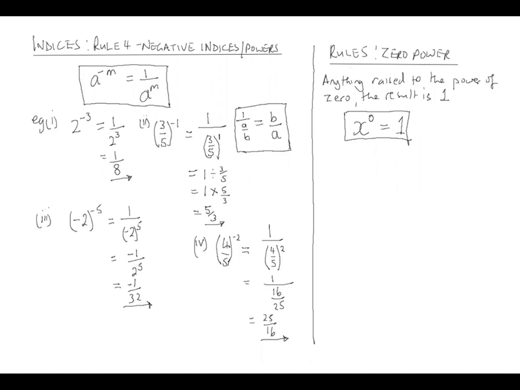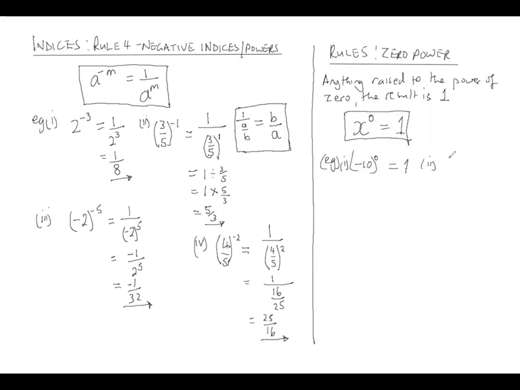If I write, for example, minus 10 to the power 0, because it's a power of 0, it doesn't matter whether it's negative or positive, the answer you get is 1. Even if it is a fraction, for as long as it's raised to the power 0, the answer you get is 1. So this is my example number 1.